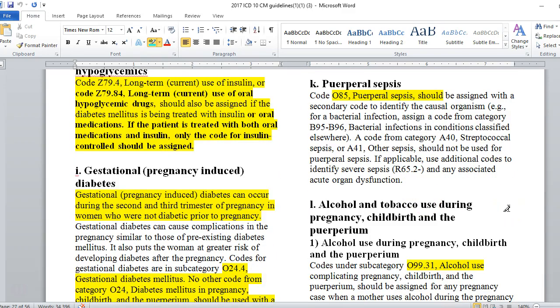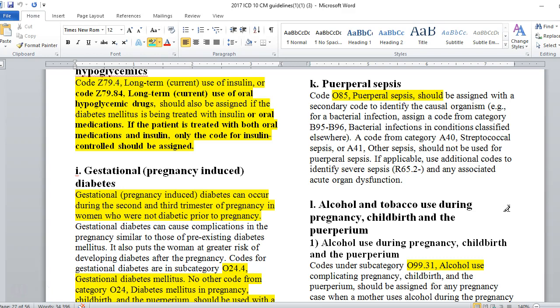Now, we have code O85, puerperal sepsis, which should be assigned with a secondary code to identify the causal organism. So, for example, a bacterial infection is going to be assigned a code from category B95 to B96, bacterial infections and conditions classified elsewhere. A code from category A40, streptococcal sepsis, or A41, other sepsis, should not be used for puerperal sepsis.